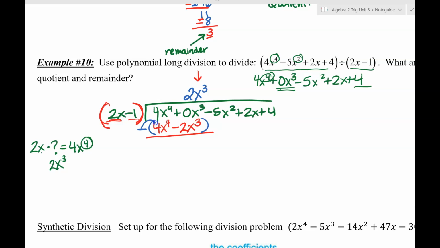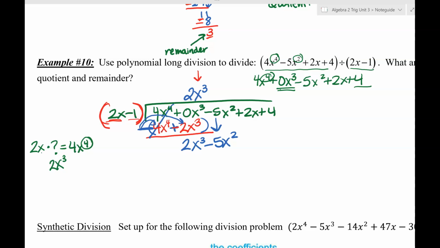That means that negative applies here and here. When we distribute that negative, it means the 4 will become negative and the 2 will become positive. And this is what we want to happen. 4x to the fourth and negative 4x to the fourth gone. And then we combine 0x cubed with 2x cubed to get a positive 2x cubed, and we drop down the next term.